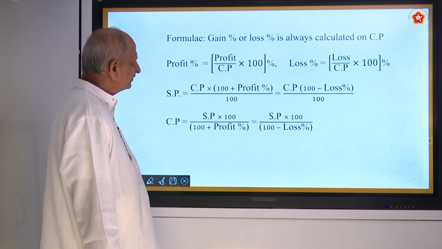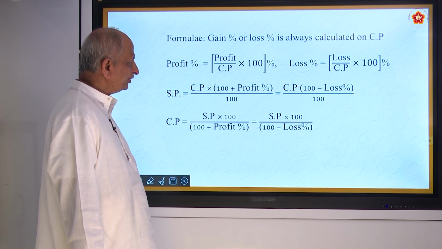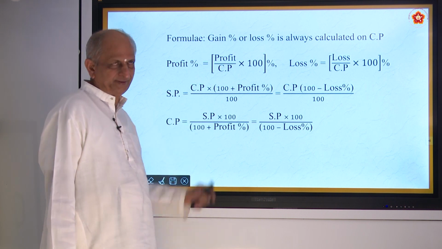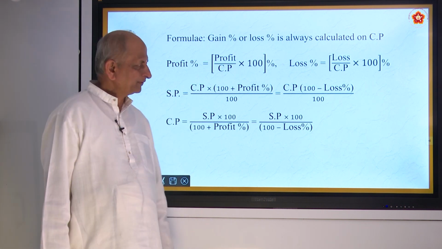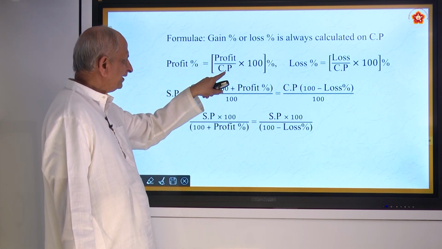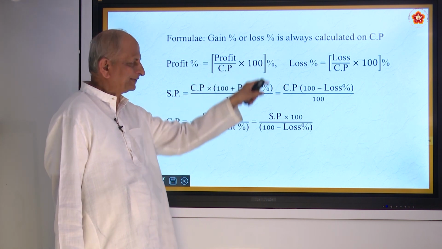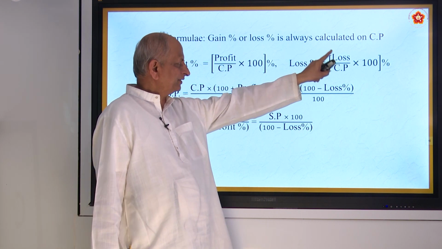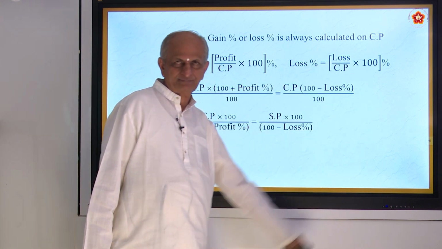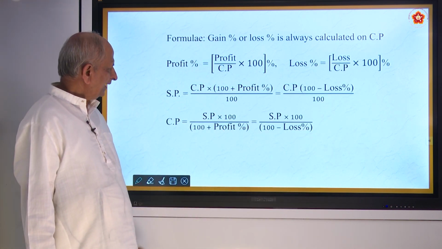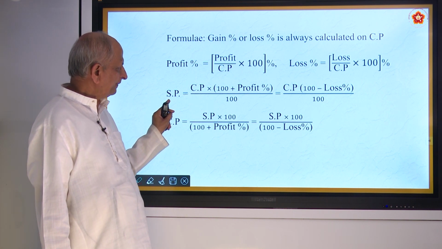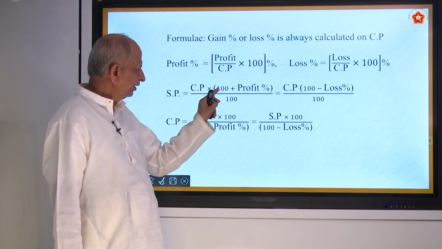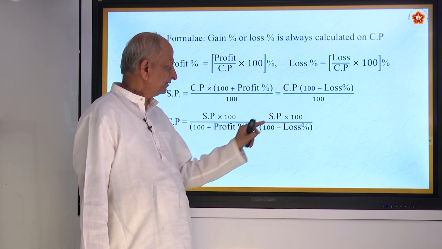Okay? Before we work out some, let us see the formulas. Suppose you want the percentage of profit. What you must do? Profit by cost price into 100, so much percentage. And if you want to find the loss percentage, loss by cost price into 100. And the selling price also can be got by, if it is profit, CP, cost price into 100 plus profit by 100.